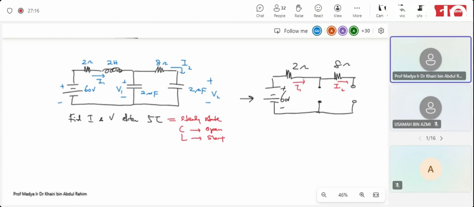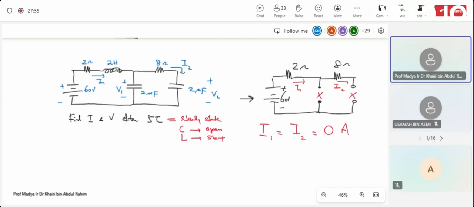So what's I1 and I2 in this open circuit? In open circuit, guys, it's not connected, right? So 0 amps. I 0 amps.